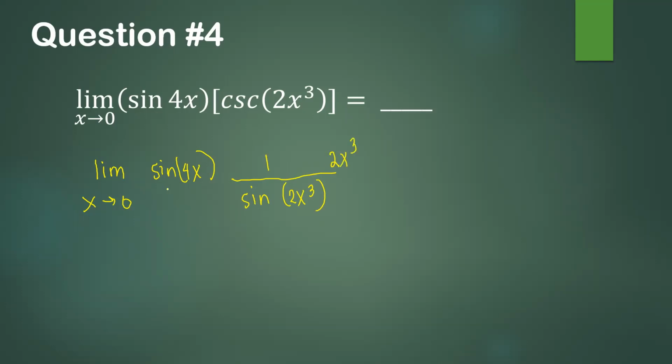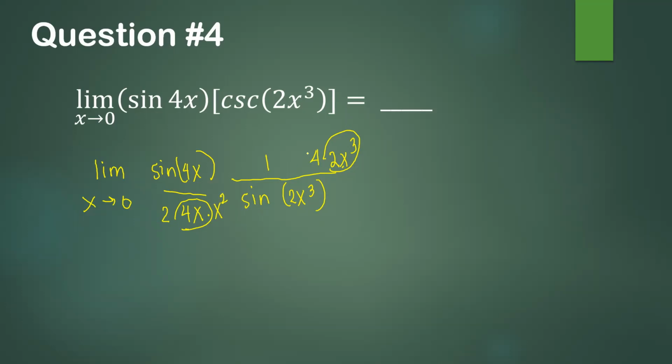And this one needs 4x. But 4x and 2x cubed are not the same, so we take their least common multiple, because otherwise you're multiplying by two different entities. So you need to multiply by 2, multiply by 4, and since this is x cubed, it needs another x squared.